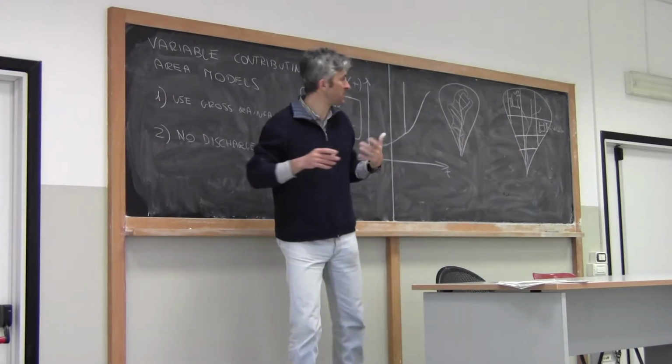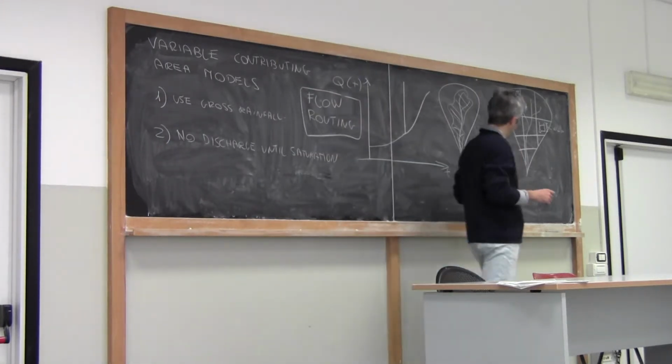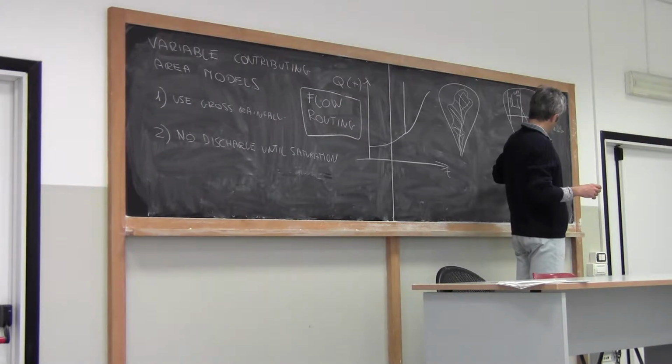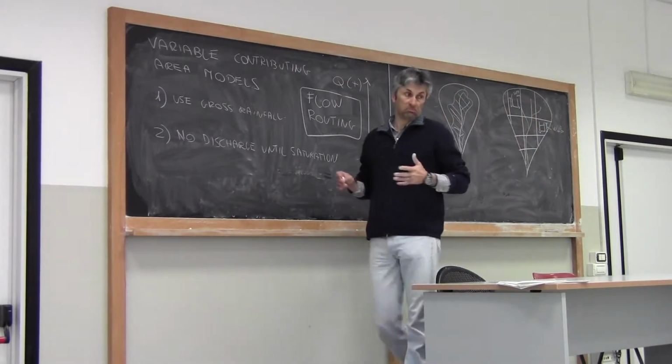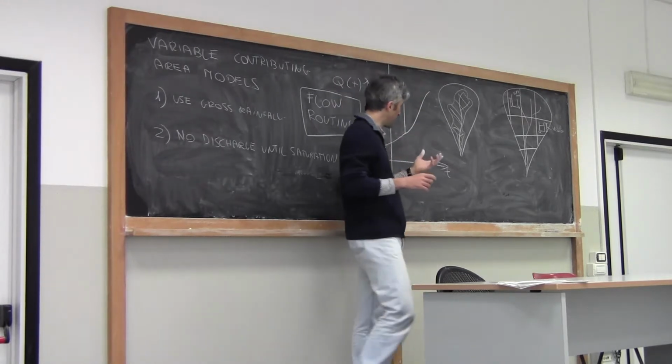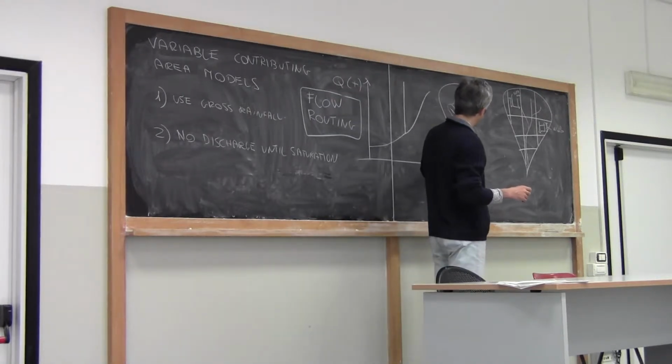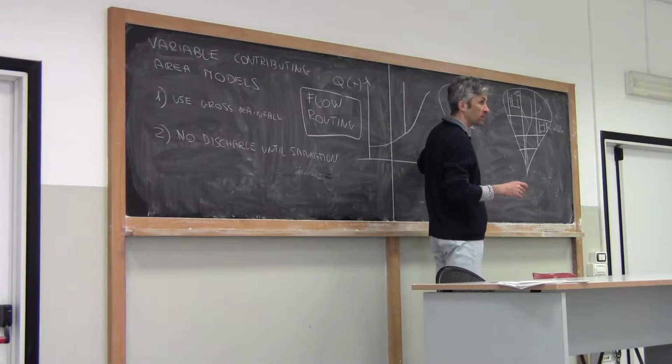Because indeed, if I'm interested in modeling the river discharge at the catchment outlet, I am interested in getting the amount of the saturated area, but I'm not strictly interested in knowing where it is located.